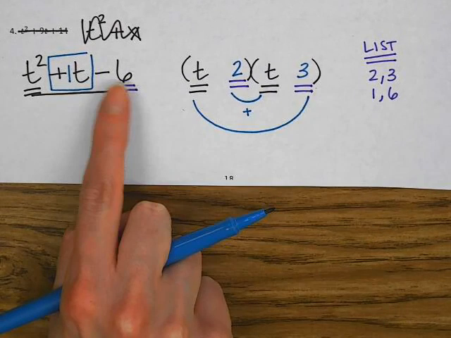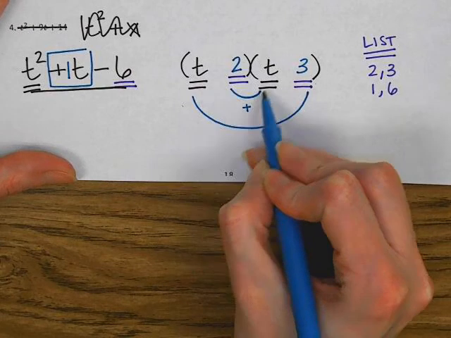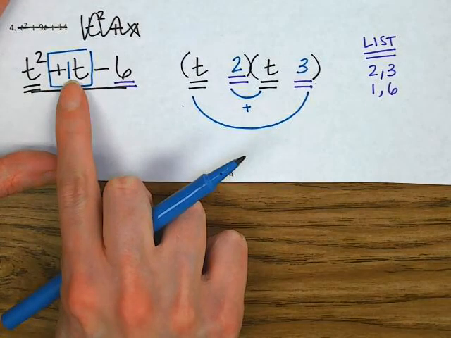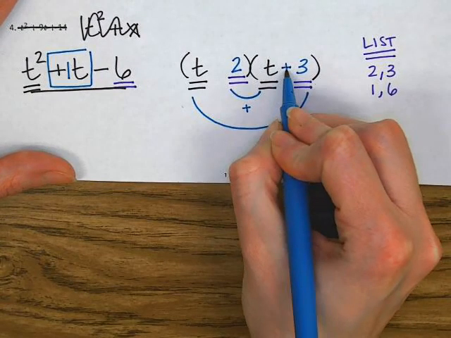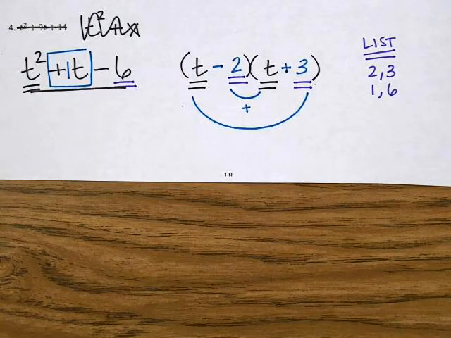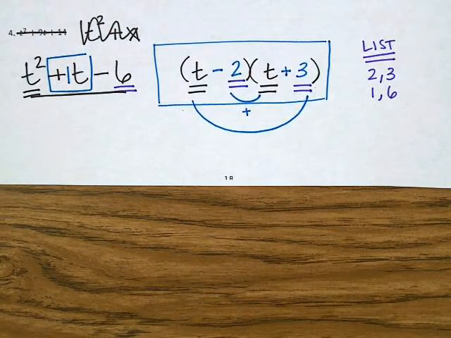You multiply to -6, but also keep in mind, when you add the inners and the outers, they have to add to +1. So that means that the bigger number has to be positive and the smaller number has to be negative. So that's your answer, t minus 2 times t plus 3.